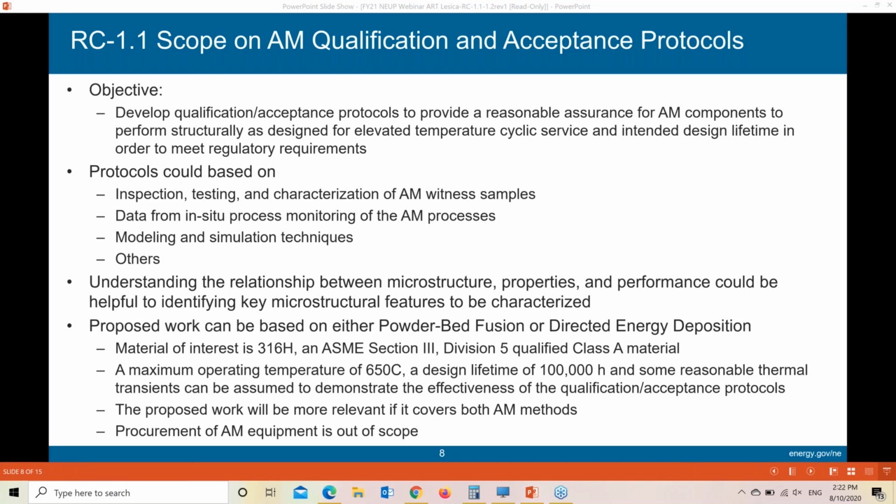We don't expect the PIs to bring us a full-size reactor vessel, so scaled-size components are probably what we expect to see.